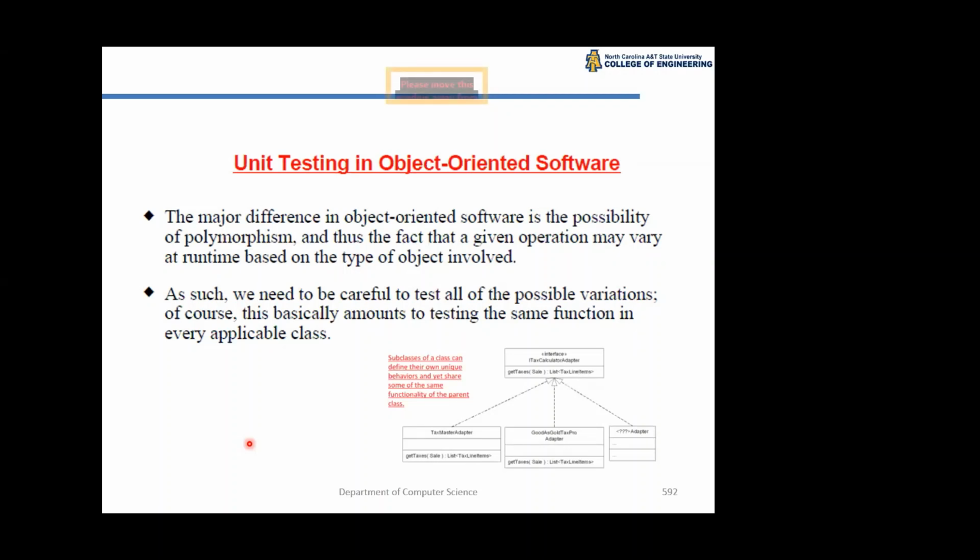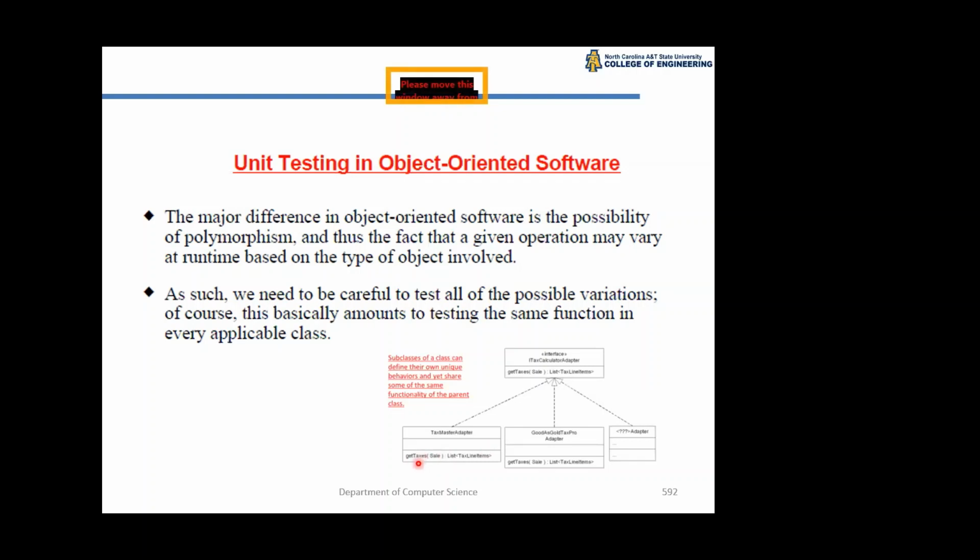So, the unit testing in object-oriented software. When we're developing object-oriented software, we're definitely going to use, or maybe going to use, polymorphism. In that case, a particular operation may vary at runtime. For example, you can see the interface here, the tax calculator, you have different tax calculators.